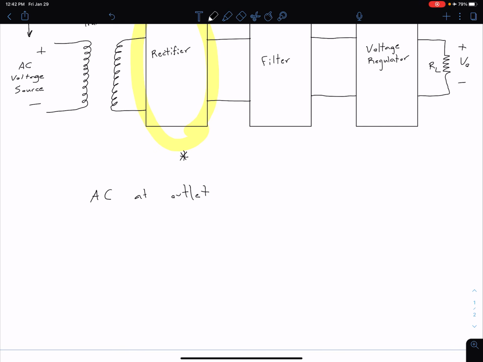So for that reason, we have AC at our outlet, but most, or at the very least, a lot of devices that we use daily need DC. Everything from laptops to phones to computers, most small appliances are going to need DC. So oftentimes we need some type of adapter that will convert AC to DC.